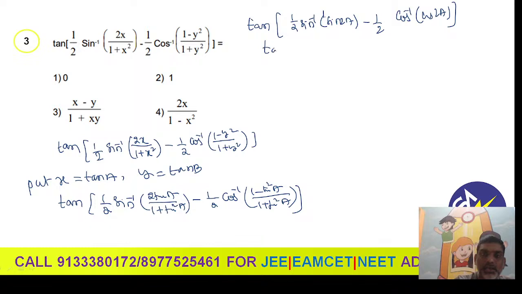So tan of 1 by 2 into 2A minus 1 by 2 into 2B, okay, here also B. So 2B.